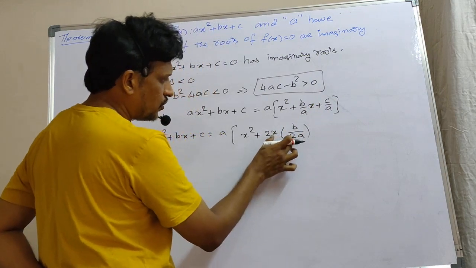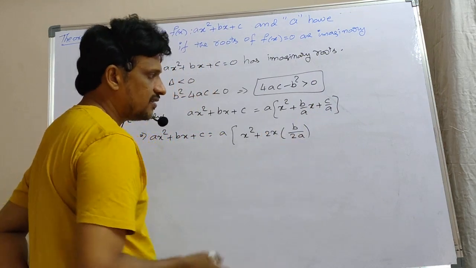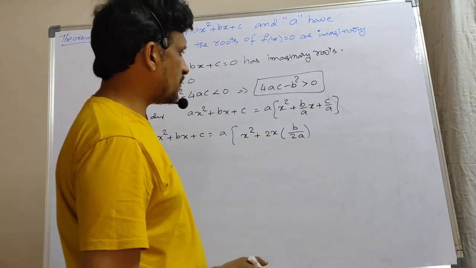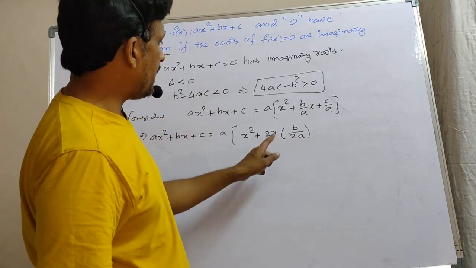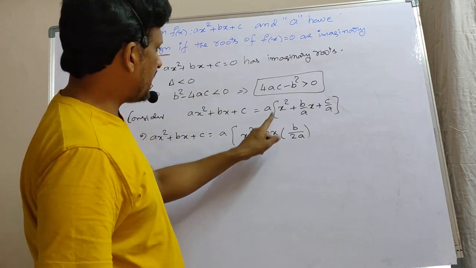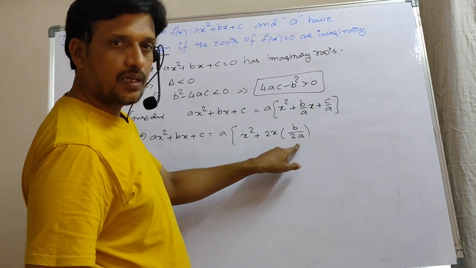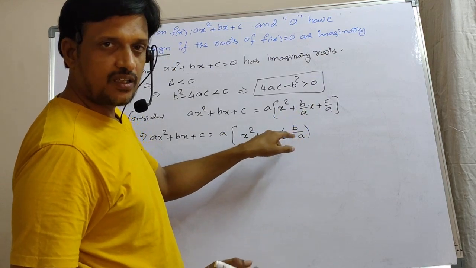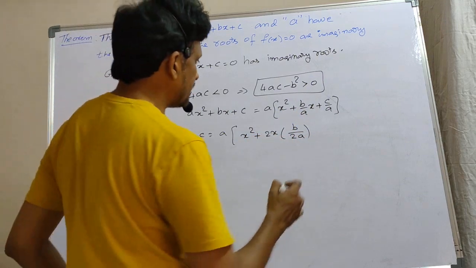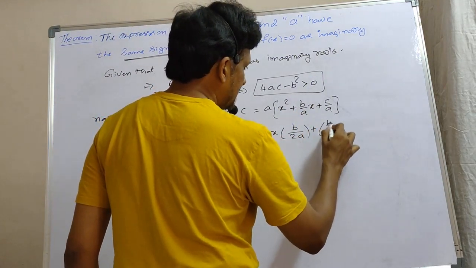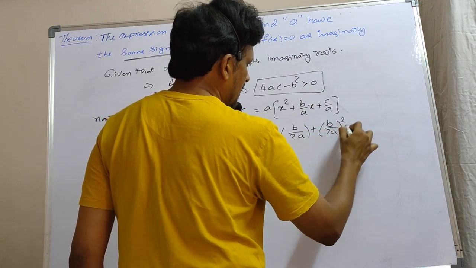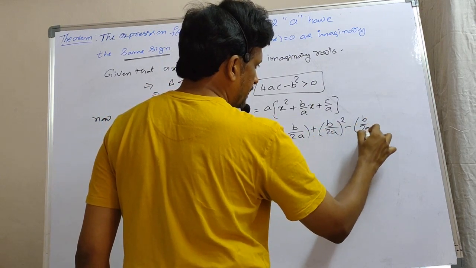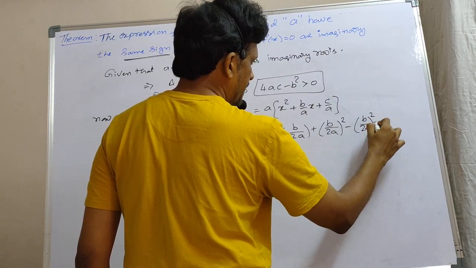Because now, if you observe, the 2 gets cancelled, you will get the given bx by a only. So multiplying and dividing with 2, now you are getting a square plus 2ab form. Plus b square is not there, b means b by 2a whole square is not there. So by adding and subtracting, that means just add b by 2a whole square and immediately subtract the same. Plus c by a is there.